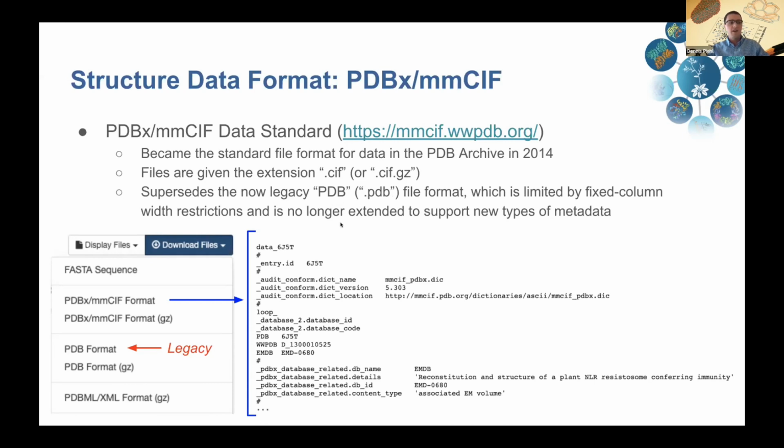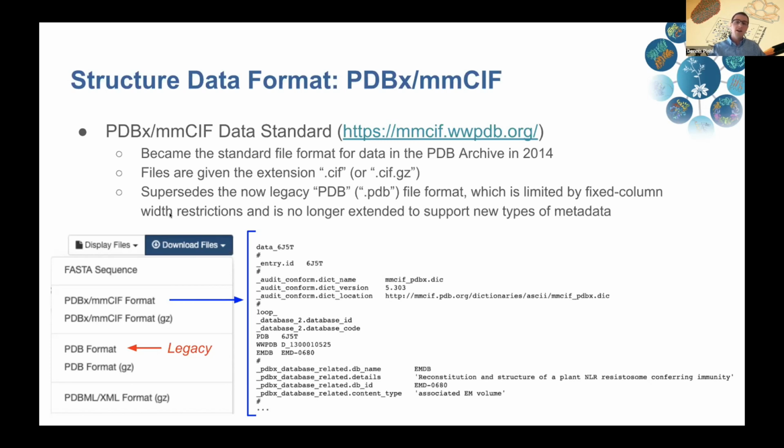So in this new format, data is saved as a set of category and attribute pairs along with their corresponding values. And these categories and attributes are all defined in an authoritative dictionary, which you can find by browsing this site here. This new format offers several benefits over the legacy PDB format. The first is that it supports structures that have more than 100,000 atoms, which is a limitation that the fixed column width restrictions of the PDB file format can't handle. The second major benefit is that it's extensible.